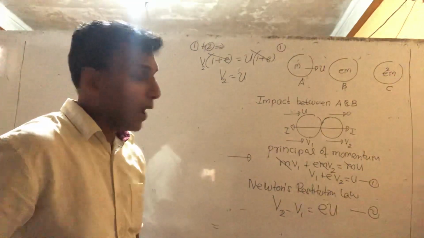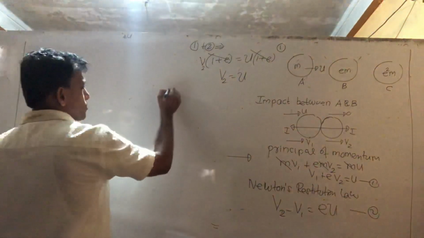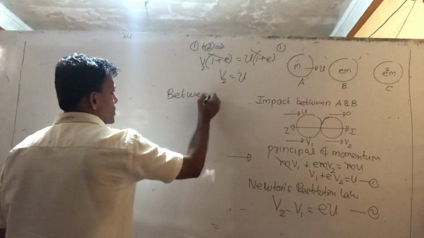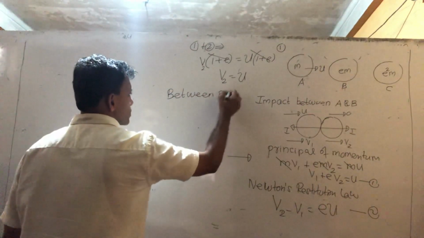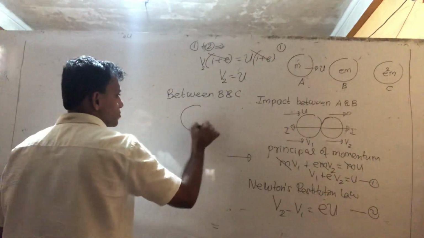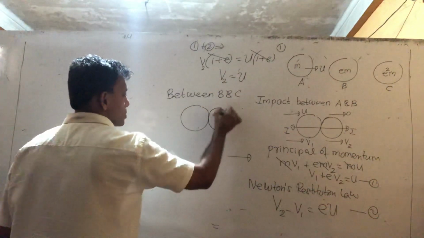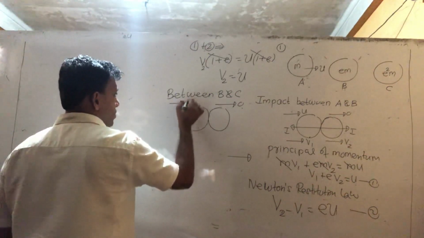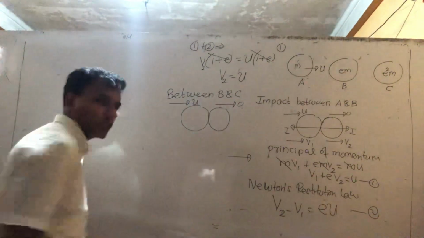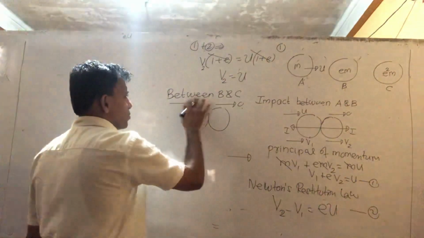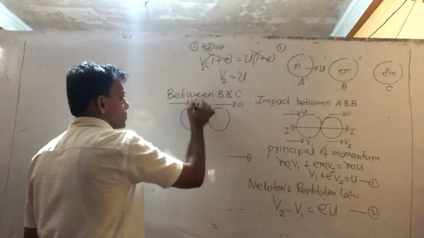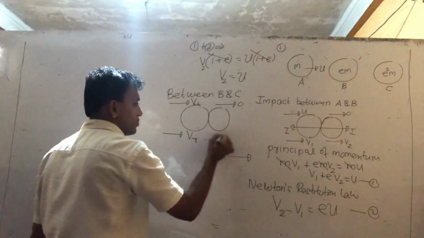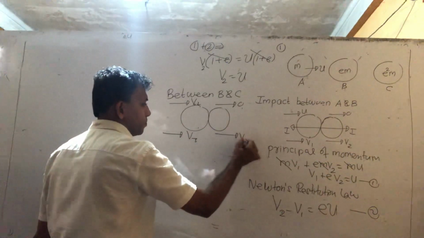Now we take the impact between B and C. The same idea follows. C is at rest, and B is moving with v2, that is u. After impact, B goes with v3 and C goes with v4.